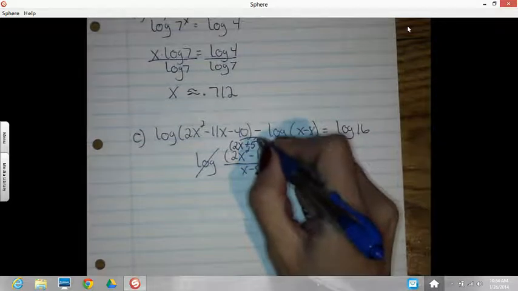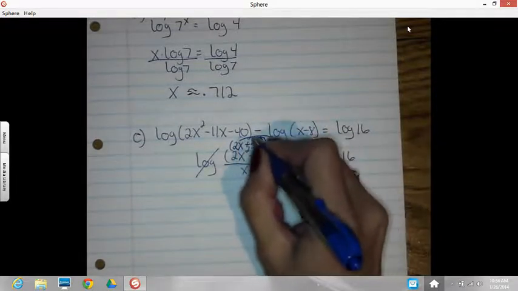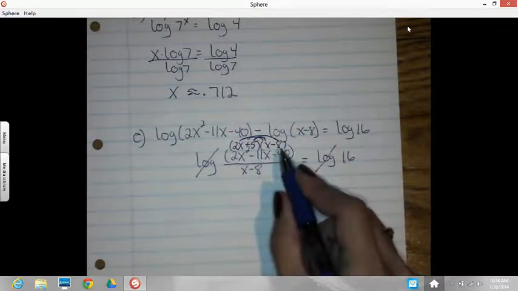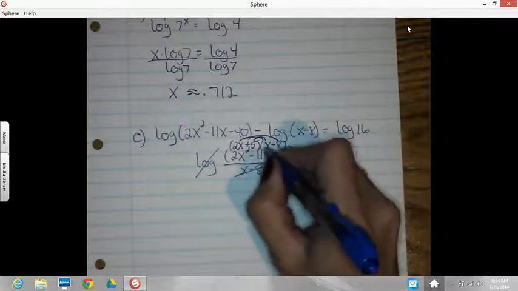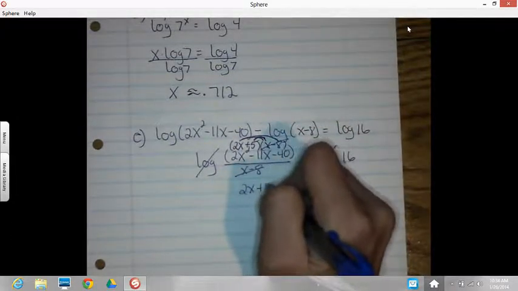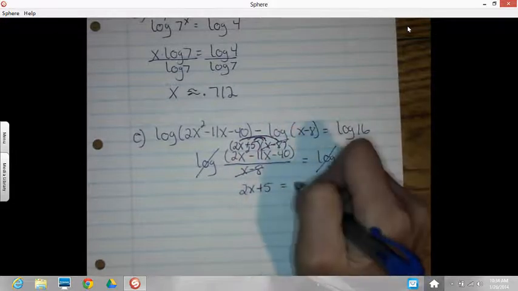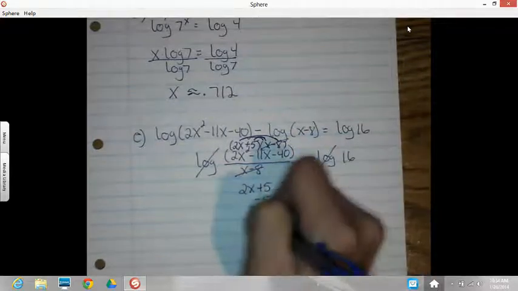And 5x minus 16x is a negative 11x. So it does factor. Cancel those out. That leaves me with 2x plus 5 has to equal 16. Very simple algebra problem to solve. 11x equals 5.5.